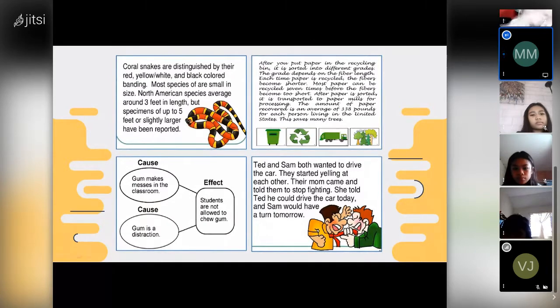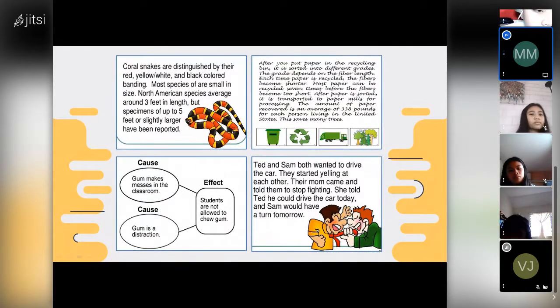Okay, thank you, Jack. Okay, how about the third picture, Ino? The third picture is an example of causes to not eat gum in the classroom. Okay, thank you, Ino.